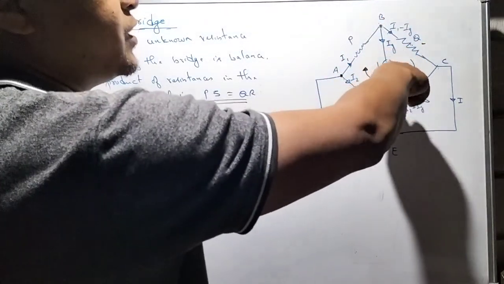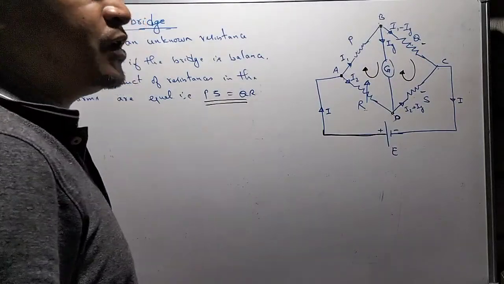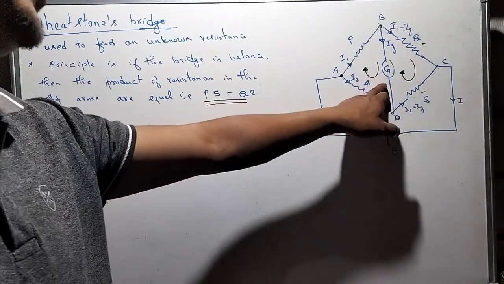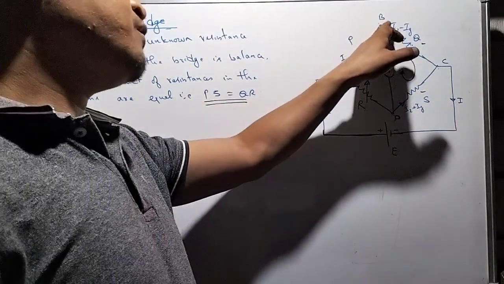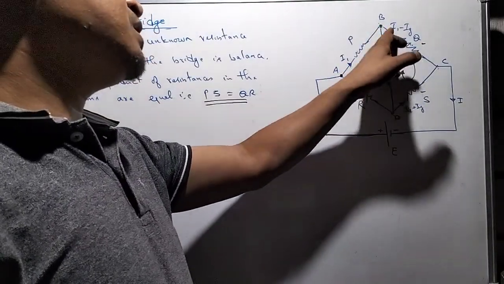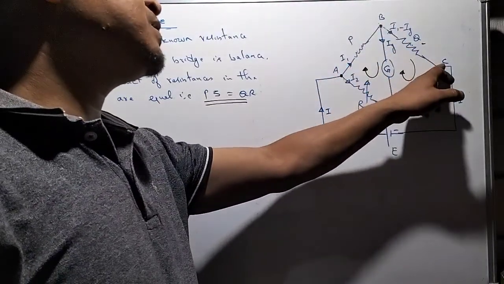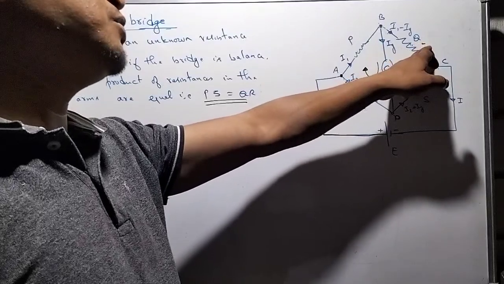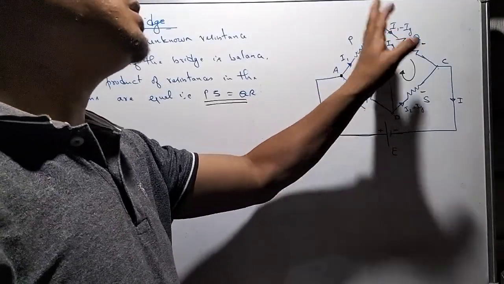Please note down here that this galvanometer has a resistance capital G. So if Ig is going through the galvanometer, then the remaining current going through the resistance Q will be I1 minus Ig.